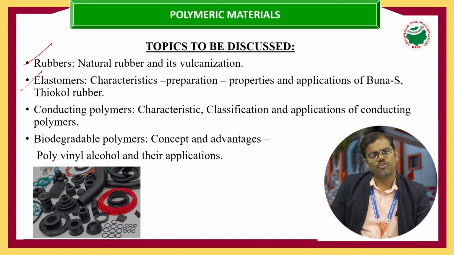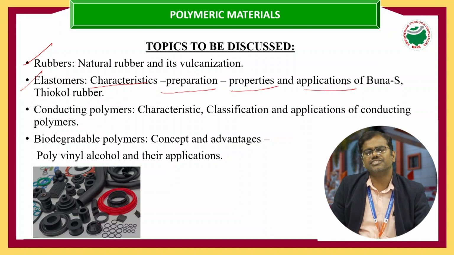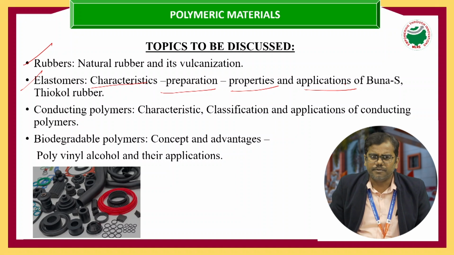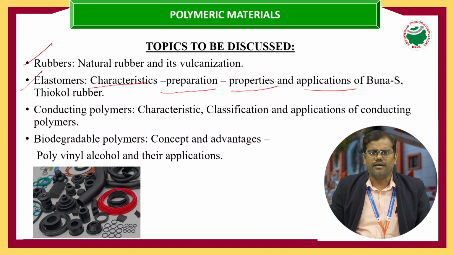Next one, elastomers topics: characteristics, properties, and the preparation, the properties and applications of Buna rubber, butyl rubber and Thiokol rubber. So these are the very important elastomers which we are going to learn in the Unit 3 module.